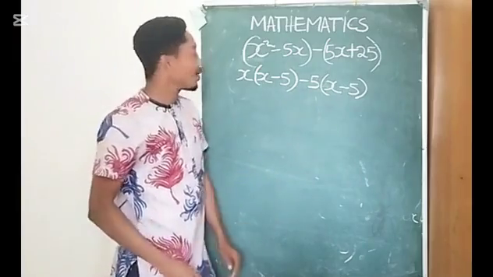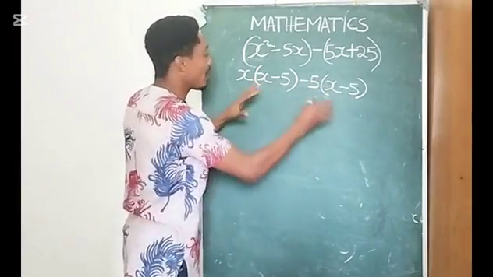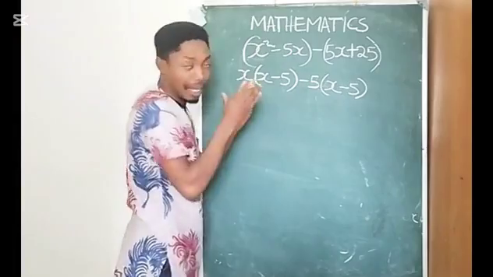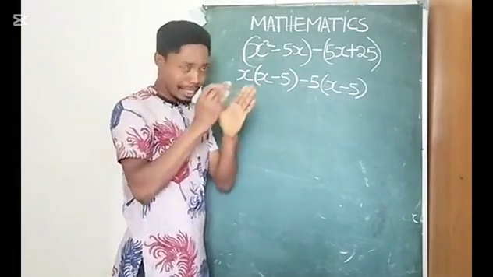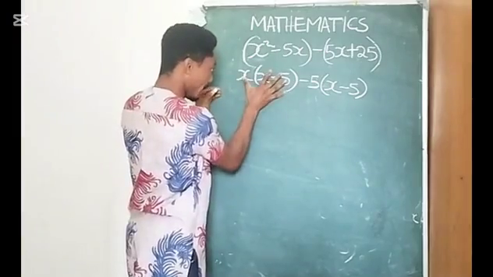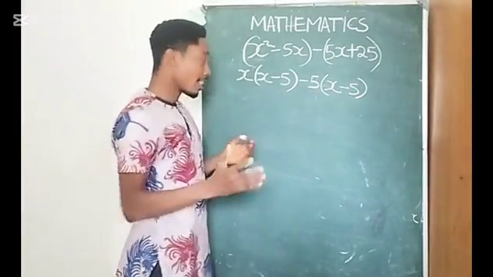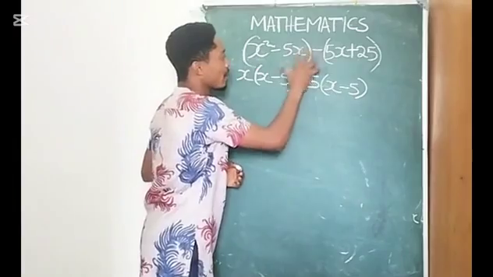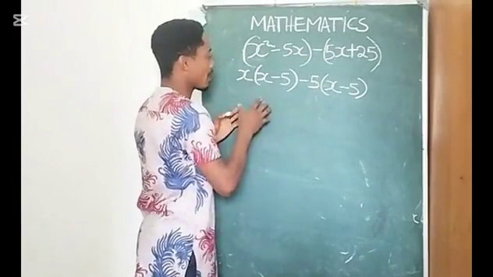Moving forward, we can see that the term inside the bracket repeats itself. Because they are repeating themselves, they become the highest common factor. This is one term, and this is another term. Four terms are being factorized.